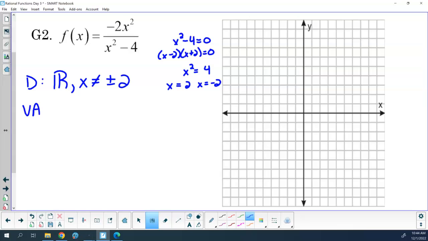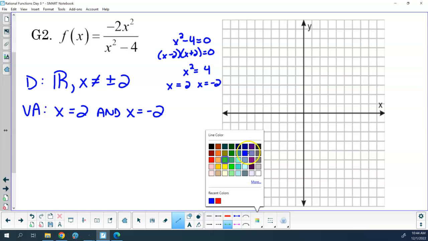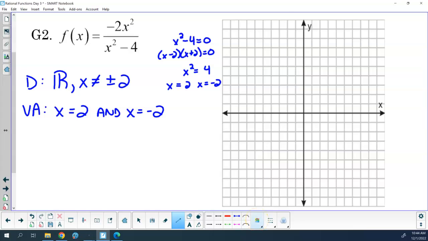Which means my vertical asymptotes, remember I have to write those out separately because they're two different lines. So I put those on my graph, two of them, vertical.